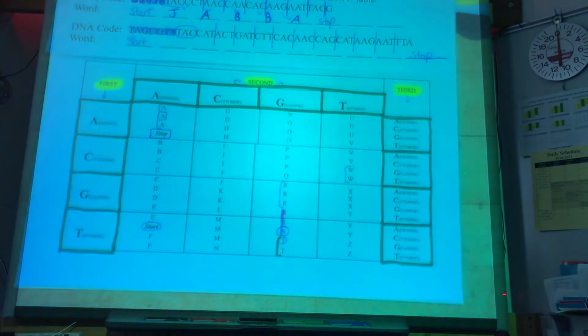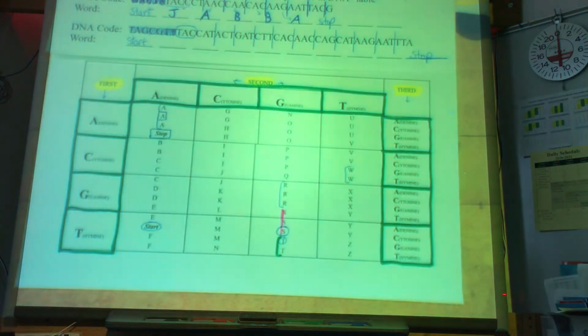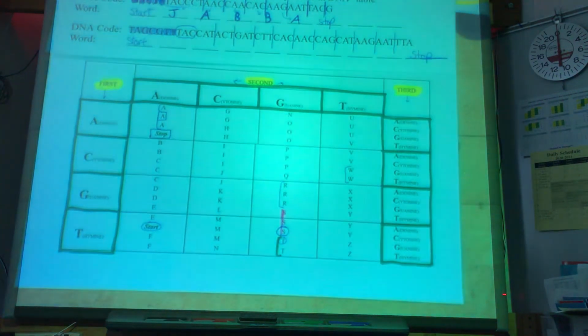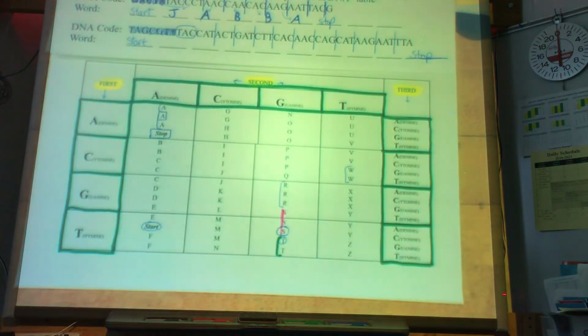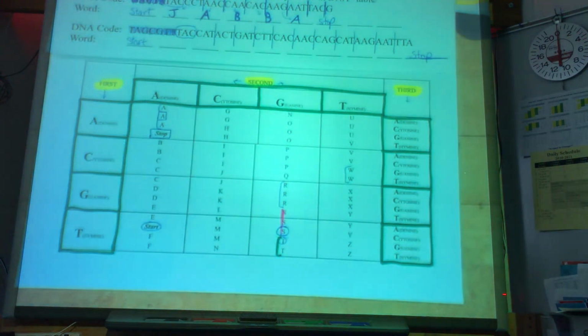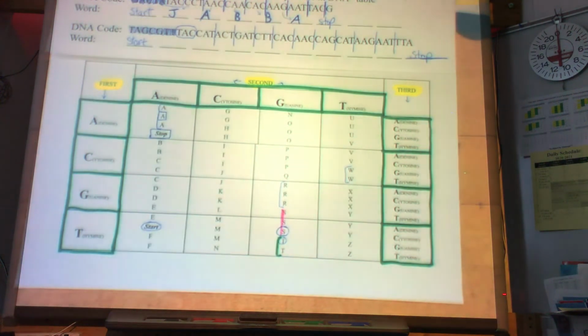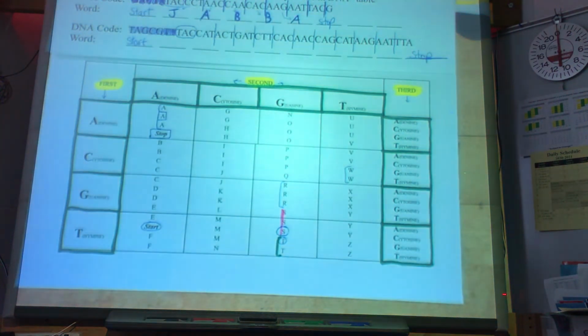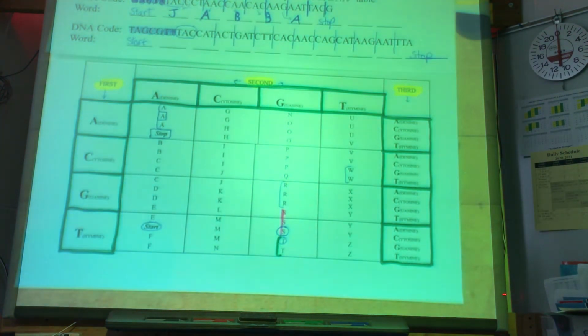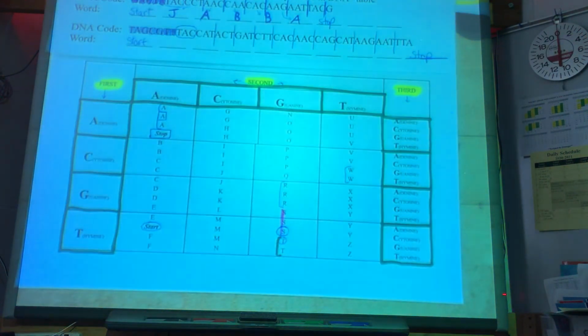That codes for a C. So that letter is a C. Then start from A, and go to C. A goes here, and my second letter is a C, and then my final letter of T. So over here down to A was here, and C is here.